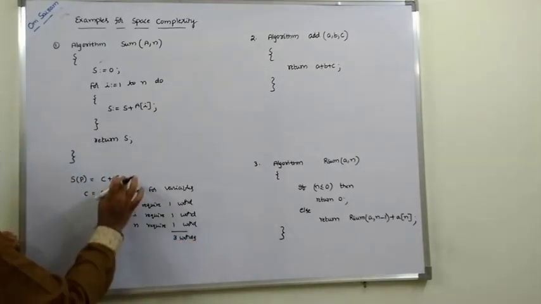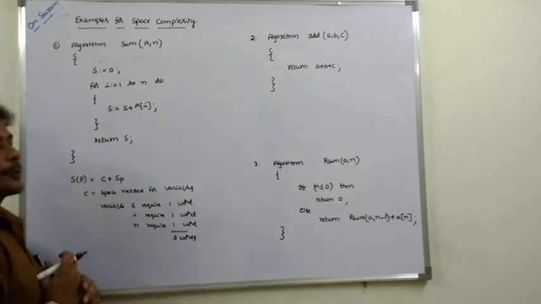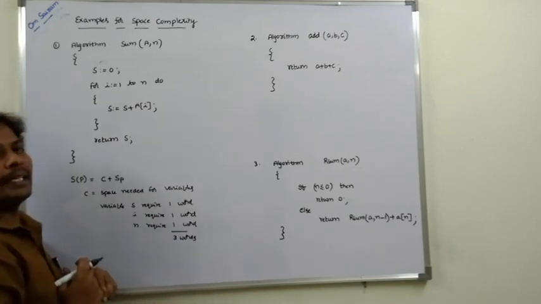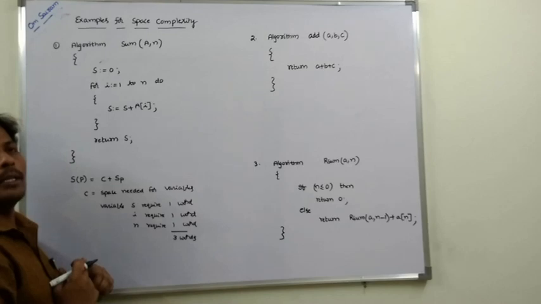Okay. So here variable space. Variable space is dependent on the component variable whose size depends on the particular problem instance.